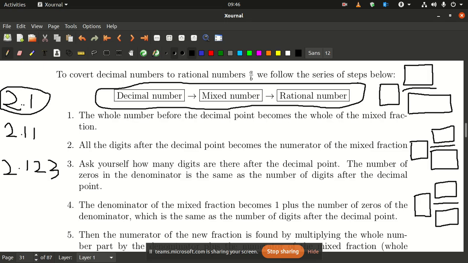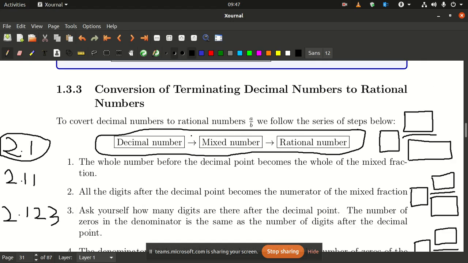It is a decimal point. So what do you first do when you want to convert a decimal number which is terminating? In other words, the numbers after the decimal point stop, like you have 1, 1, 1, 1, and then you stop somewhere. That is what we mean by terminating.